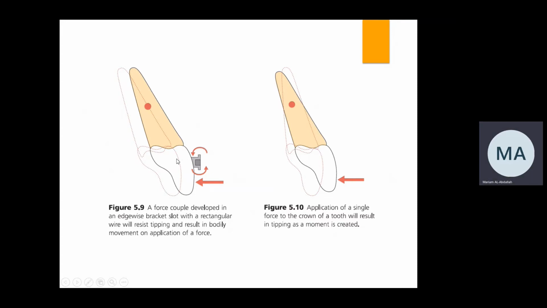And if we have a bracket and a rectangular wire, then I will produce a couple. And then if we apply a moment at the same time, then the rotational effect of the moment will be counteracted by the rotational effect of the couple, and I will end up having a bodily movement. And this is the concept of using fixed appliances to produce bodily movement.